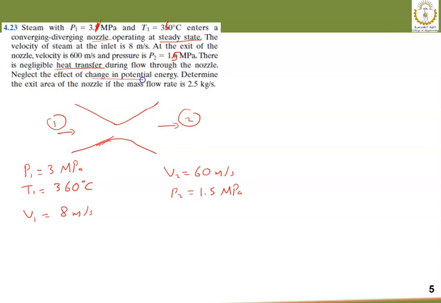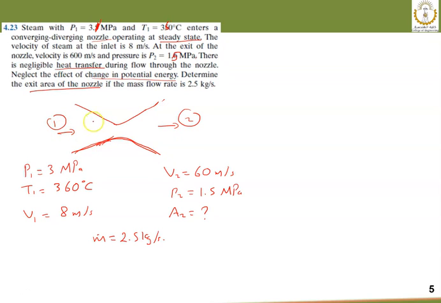Neglect the effect of change in the potential energy. Determine the exit area of the nozzle, so we need A2. And the mass flow rate is 2.5 kilogram per second, which will be the same at the inlet and the outlet, because this is steady state, and one inlet and one outlet.